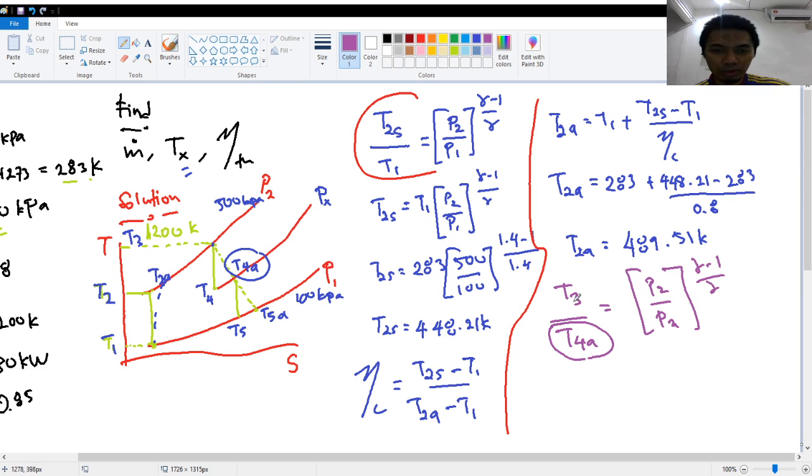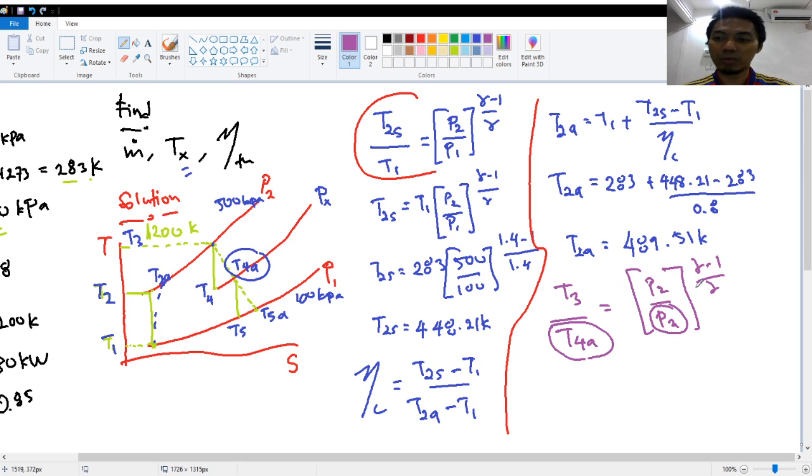However, look closely. We don't know the pressure of Px here because it's not given. The information is not there, and when we draw the TS diagram, it appears Px is non-value there. So we cannot solve through this equation.